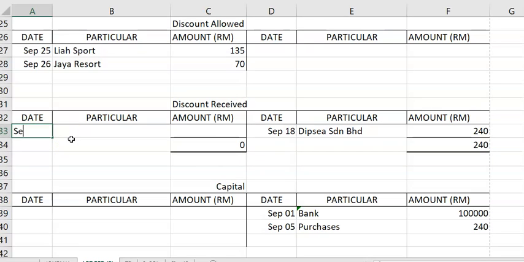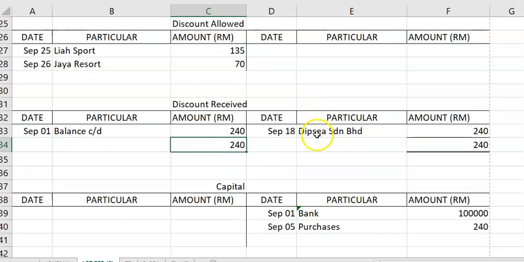So on September 30, again, balance carry down. Remember, the lower amount will be deleted and you put the same amount as the higher figure, the balancing figure. And of course 240 deduct 0, it will be 240.